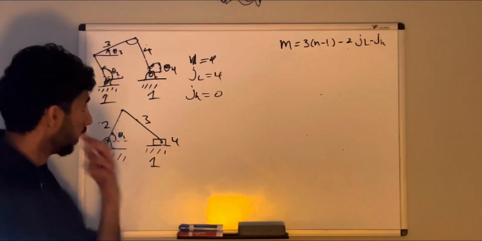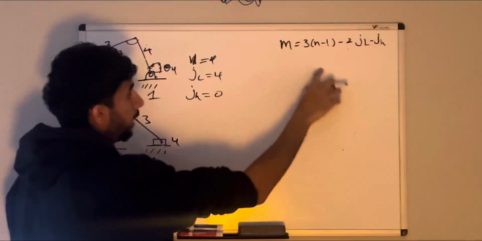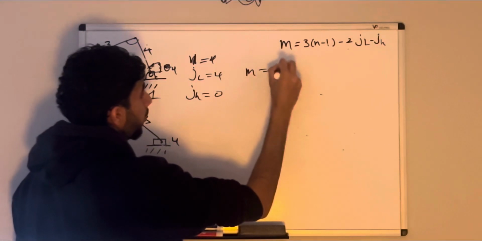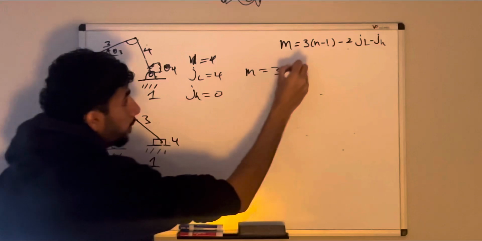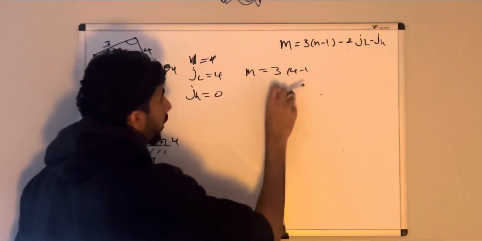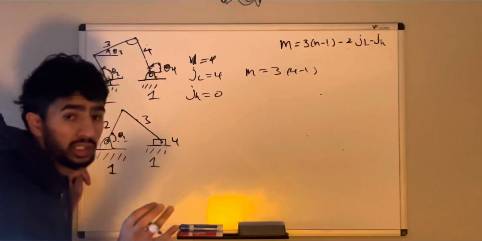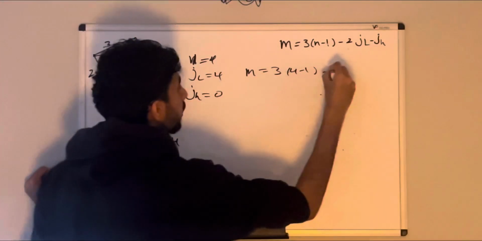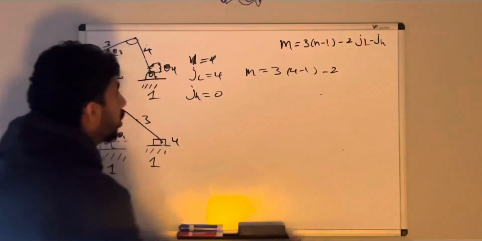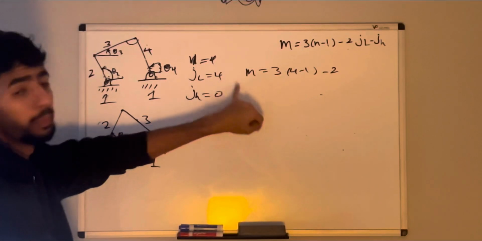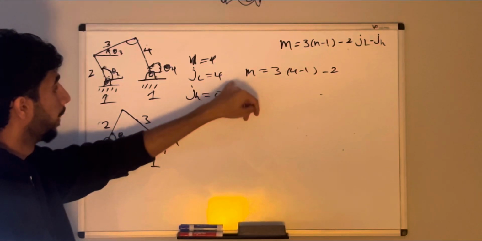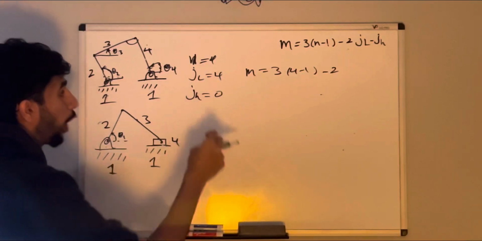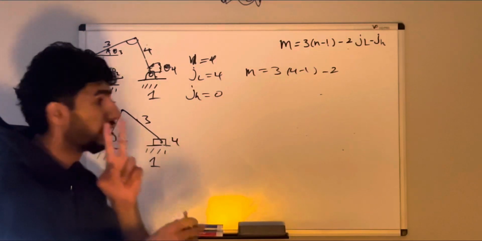So for determining mobility using our equation, m is equal to 3 times (n minus 1), where n is the number of links, minus 1 because one link is fixed, minus the amount of constraints we have. We have 4 pairs that are lower order, and each of those pairs is constrained in 2 degrees of freedom.